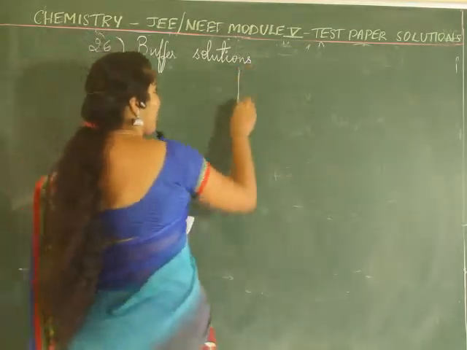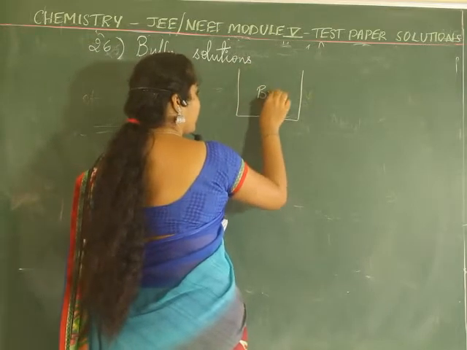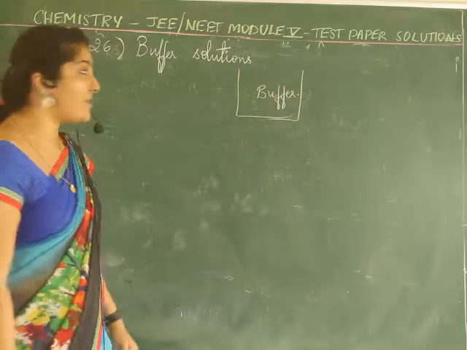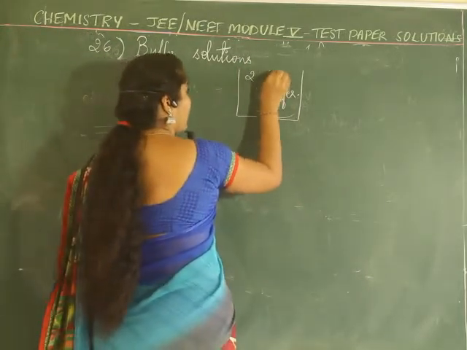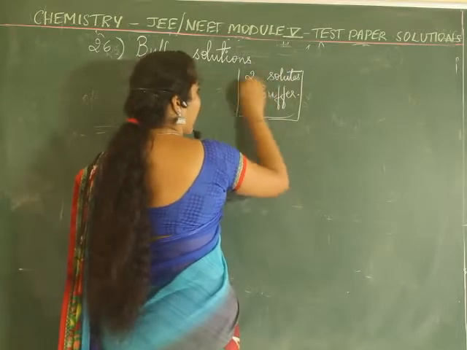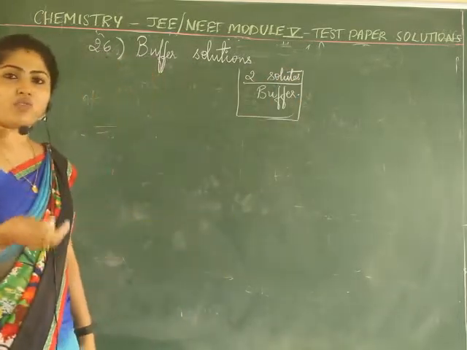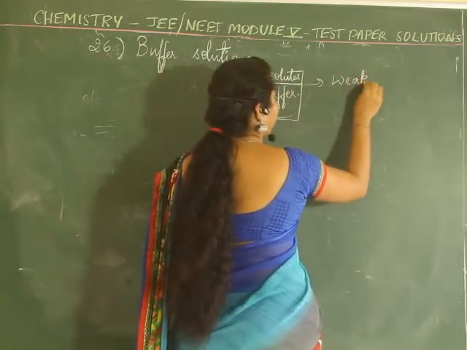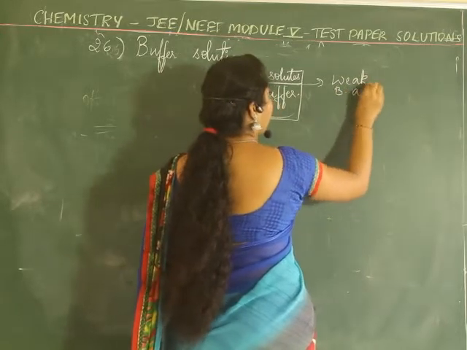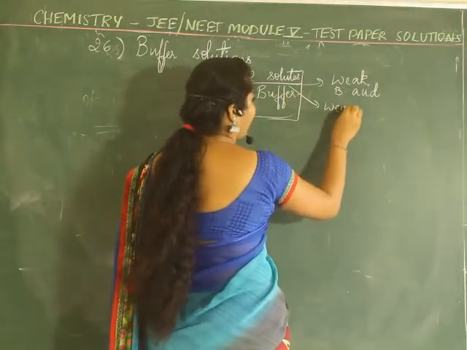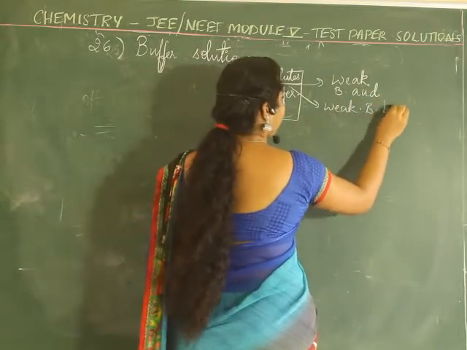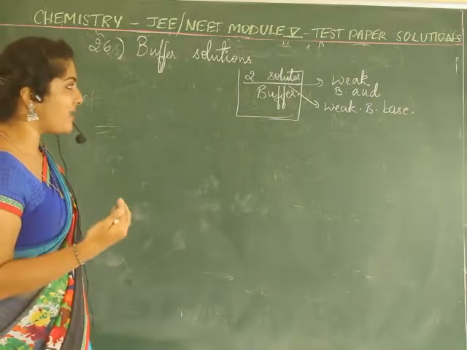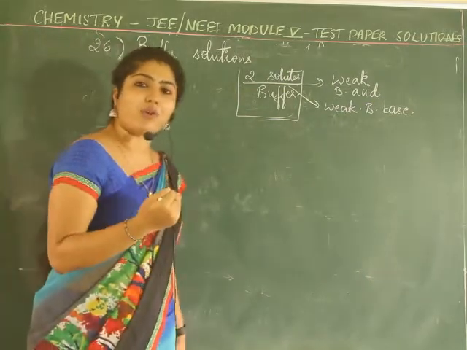The reason is, when you have a buffer solution, how it resists the change in pH is, it will have two solutes, out of which one will form a weak Bronsted acid, that is Lowry Bronsted acid, and the other one will form a weak Bronsted base.